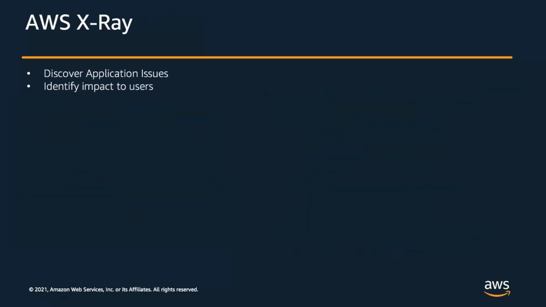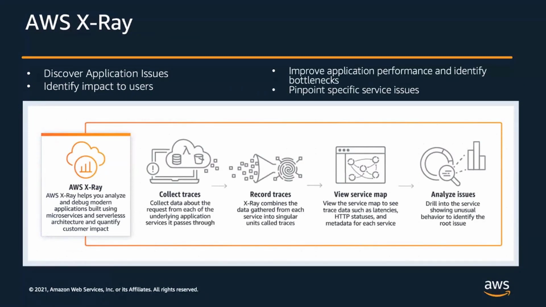Another service is AWS X-Ray. AWS X-Ray helps you to easily analyze and debug modern applications built using microservices and serverless architecture. This is achieved by collecting data about the requests from each of the underlying applications as they pass through the stack. X-Ray then combines this data into a singular unit called traces.